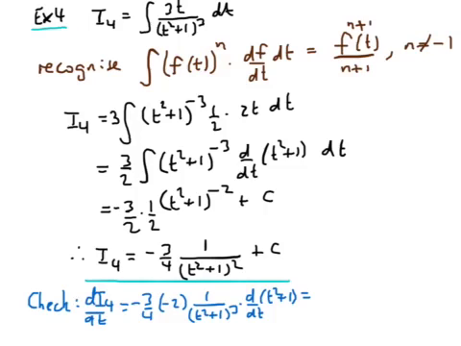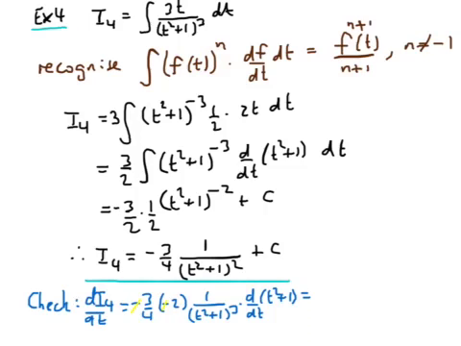So tidying all of this up, well, first of all, we notice that the minus signs will cancel. We're going to have a factor of 2t from here. 2 times 2 is 4, so the 2's and the 4 will cancel. We're going to have a t left and a 3, so that's 3t.